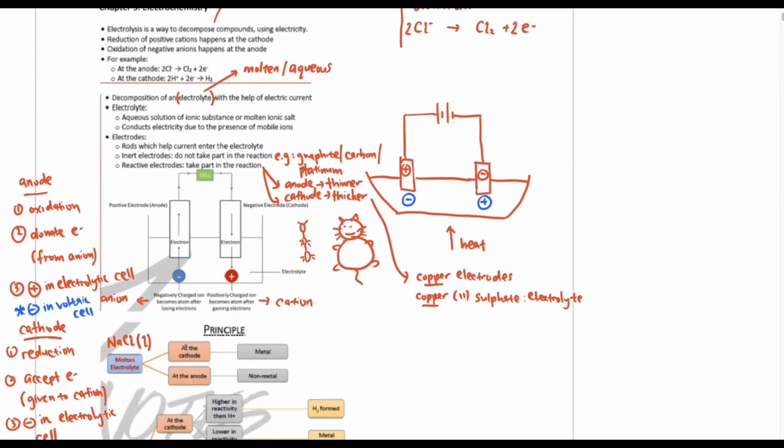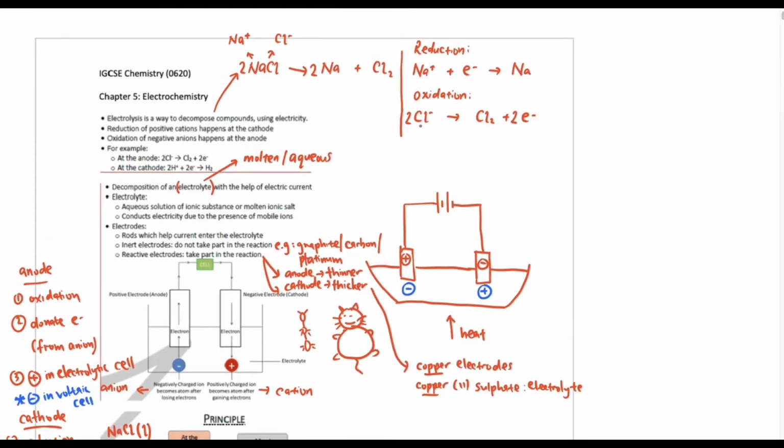Okay, so at the anode, you will get non-metal as the product. Let's take a quick look again at the anode. Anode is a positive electrode. Positive electrode attracts the negative ion. In our example, the negative ion is chloride. Chloride goes to the anode. Oxidation happens, donating of electrons happens.